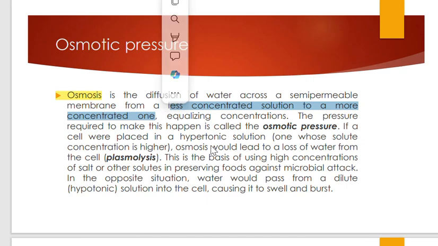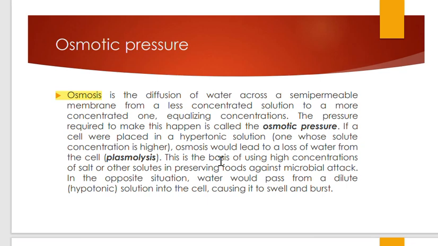So the movement of your water from a less concentrated solution to a more concentrated one is what we call your osmosis. So the pressure required to make this happen is what you call osmotic pressure.